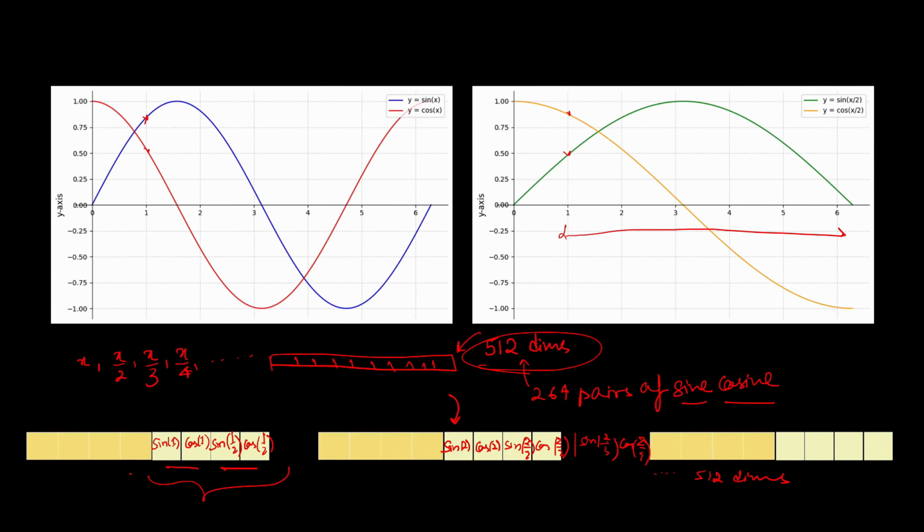If I use a positional encoding of 512 dimensions with a sine cosine pair like this, then I can sufficiently handle an extremely long sentence, like a sentence greater than tens of millions of words.